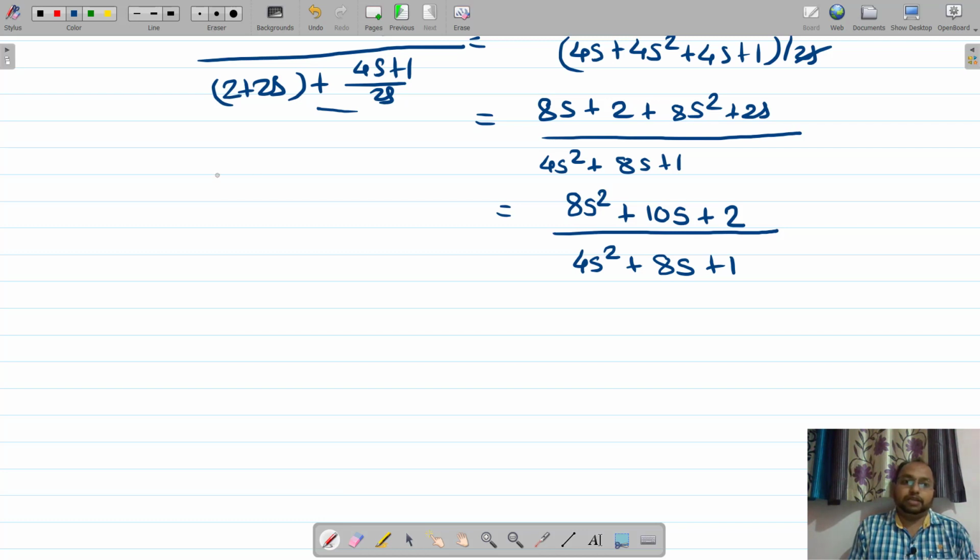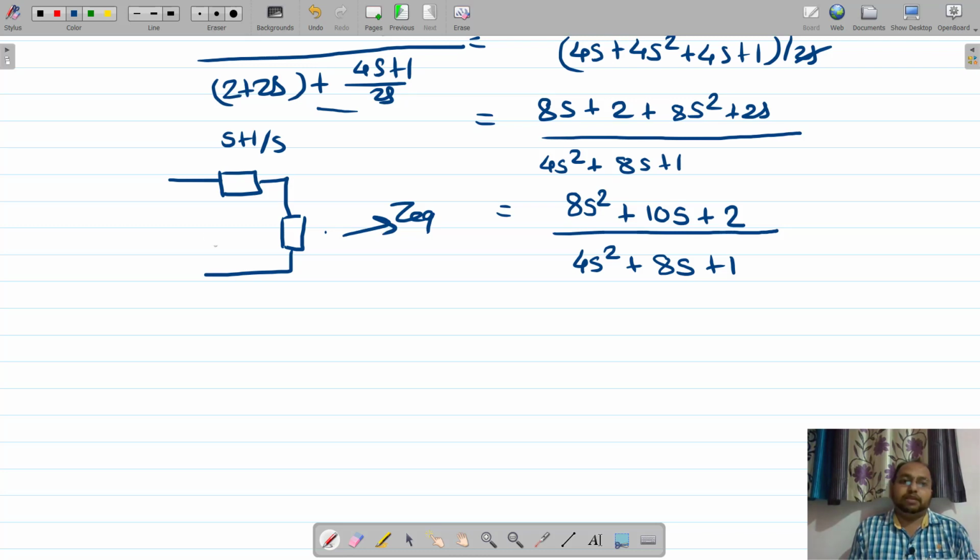Okay, and then that will be in series with this particular impedance, that is S plus 1 divided by S, and this is Z equivalent 1. Okay, now apply KVL and find out H11.